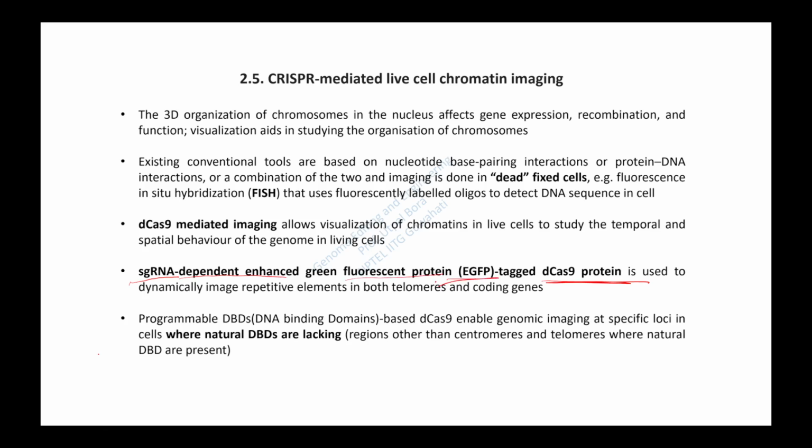When this protein is guided by a guide RNA to the chromatin, it helps us in live imaging of the cell, both spatial and temporal. So dCas9-mediated imaging allows visualization of chromatin in live cells to study the temporal and spatial behavior of the genome in the living cell. So that is how you can identify.